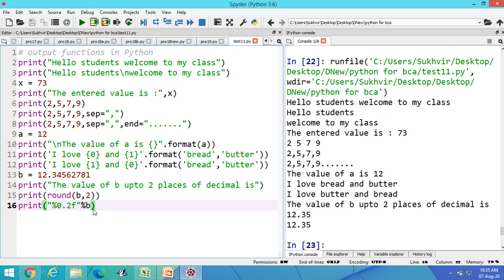These are the two ways with which you can print the value. Now the value up to two places of decimal is 12.34, but the next digit is 5. If the digit is 5 or greater than 5, one is added to the previous digit. That's why 12.35 is the output.